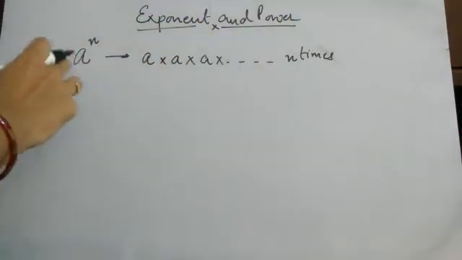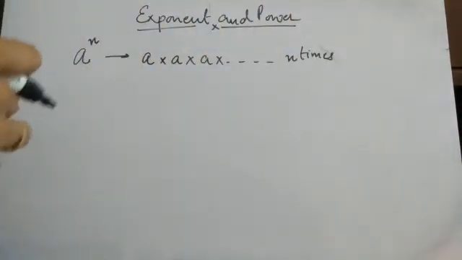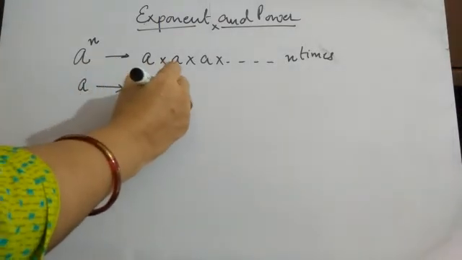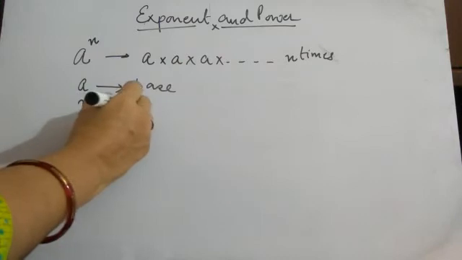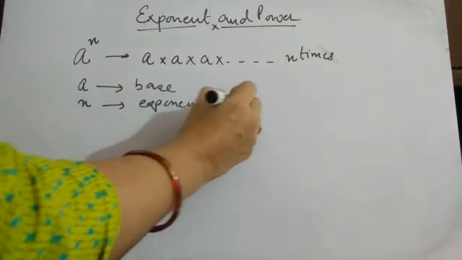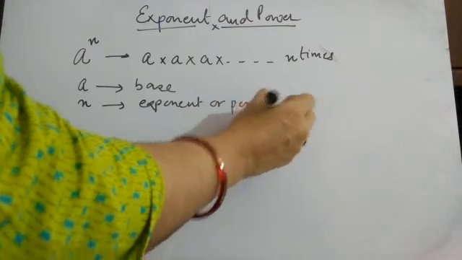Here A is called the base and n is called the exponent, or you can call it the power also.